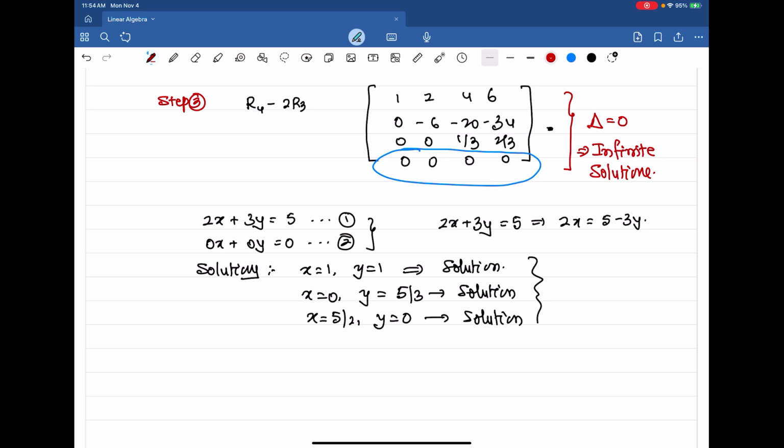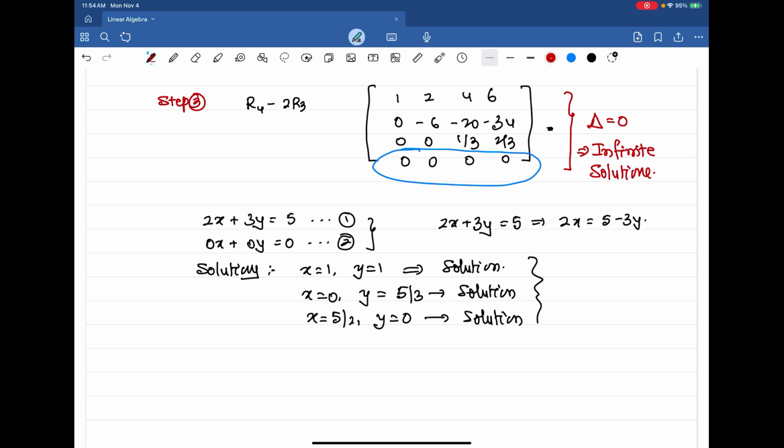Please remember that the product of elements of the principal diagonal being equal to the determinant is only valid for a triangular matrix or a diagonal matrix.